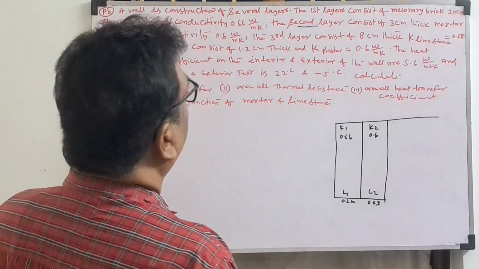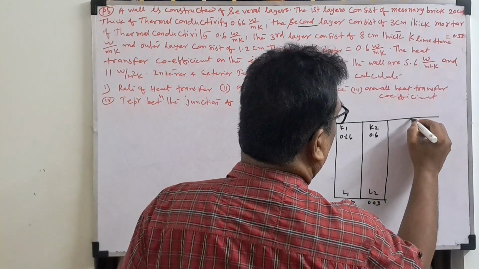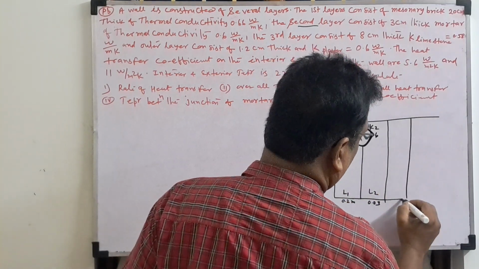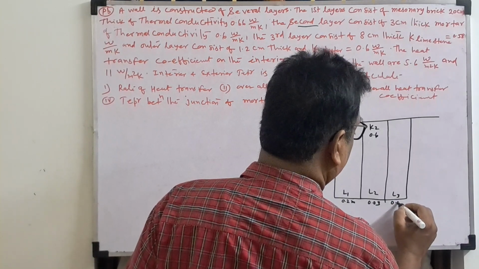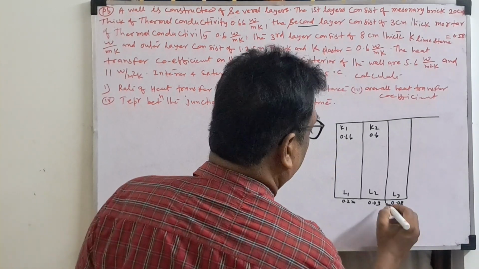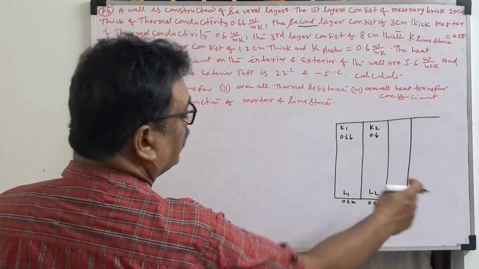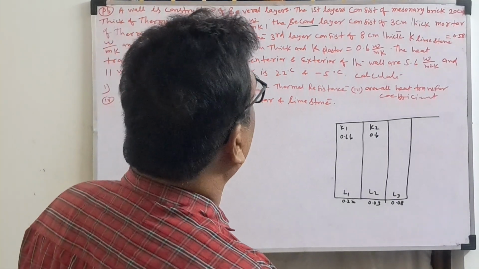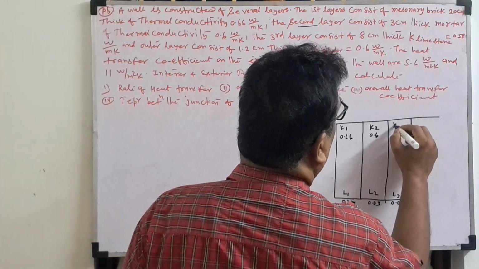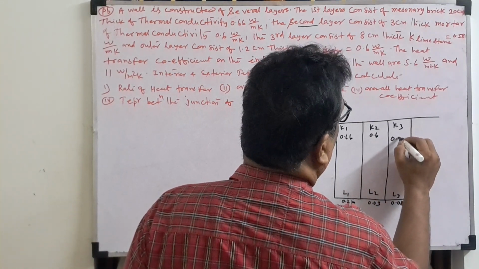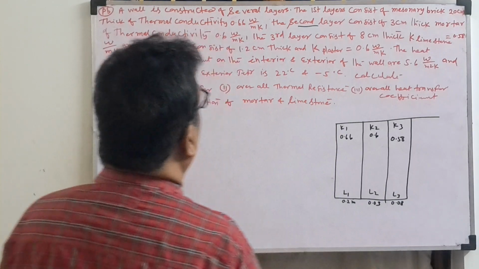Third layer, 8 centimeter. Again one more layer, because several layers were already mentioned. So how many layers? 4 layers will be there. 0.08 meter. All the dimensions are in meter, I am converting them. And thermal conductivity K3 will be 0.58.